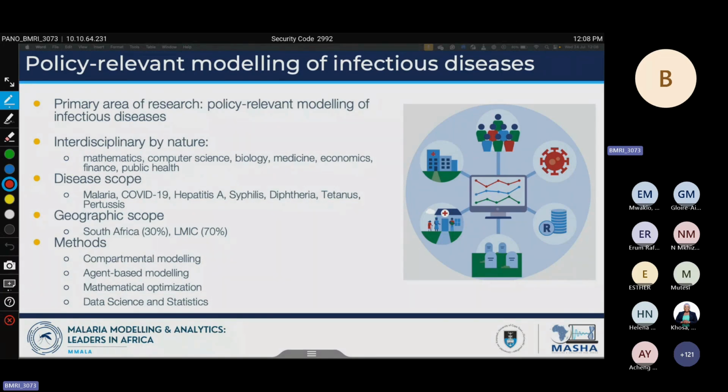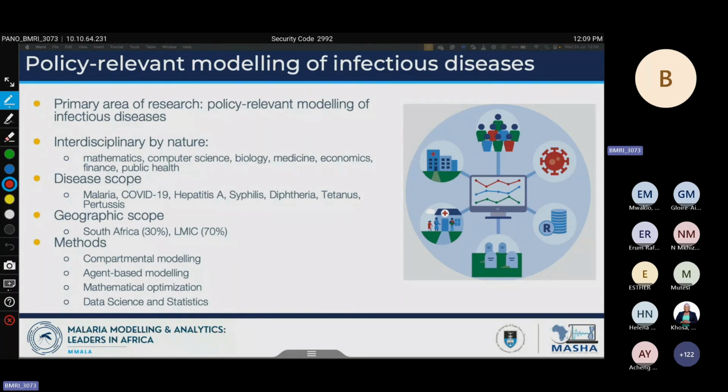Does it mean you need to be adept or a master in all of these skills? No, but you do need to be astute and aware enough to know when and who to engage with in terms of the real experts and bring them into the room so that you can engage effectively as a group. And so mathematical disease modeling for policy is by nature interdisciplinary.